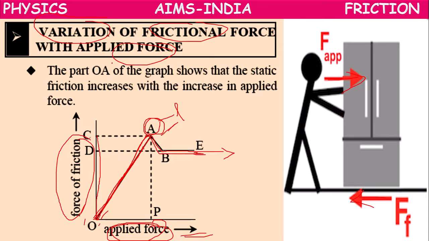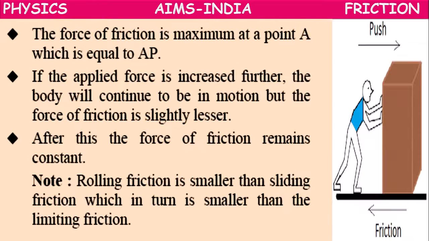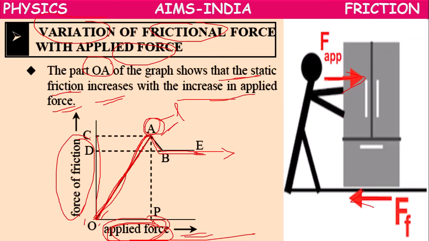This OA part of the graph shows static friction. We are applying force, and the static friction also goes on increasing up to a certain limit. So this OA part increases with increase in applied force, and this represents static frictional force.